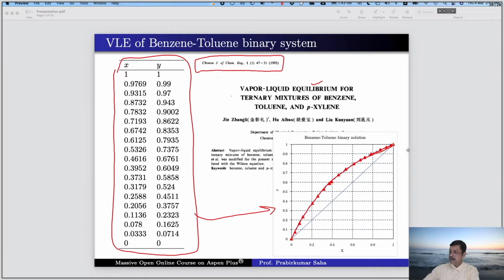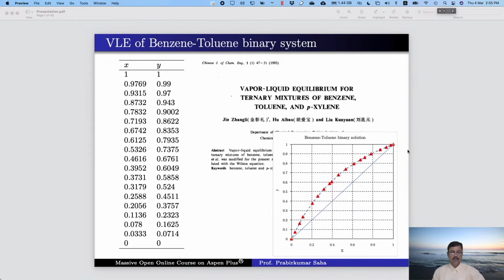Okay. Now let us see whether the benzene toluene binary system follows ideal behavior. For that, we have to go to the Aspen Plus simulation window.